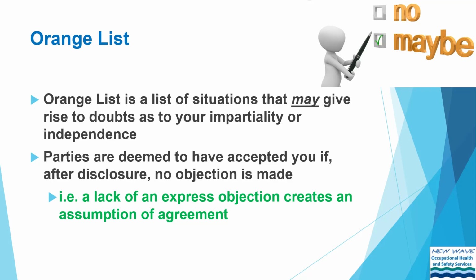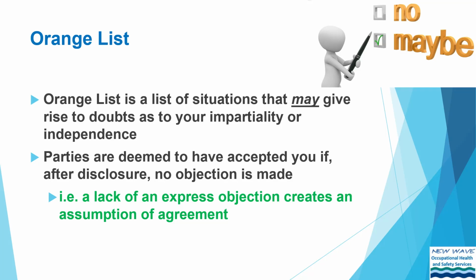Moving down the serious list, we have the orange list. Here we have situations that may give rise to doubts as to your impartiality or independence. In these cases, parties are deemed to have accepted you if after you tell them about your interests, they make no objection.